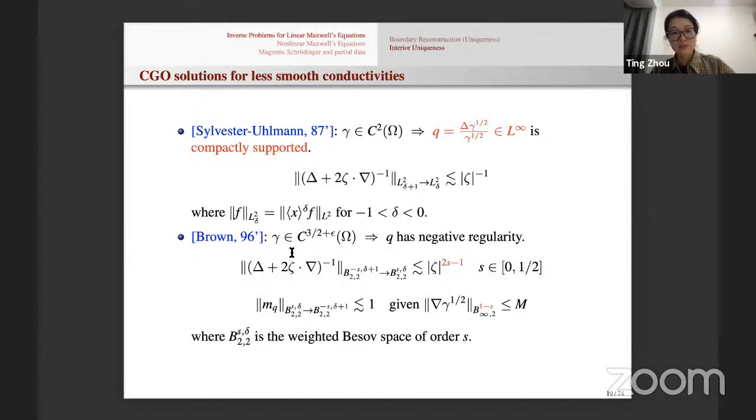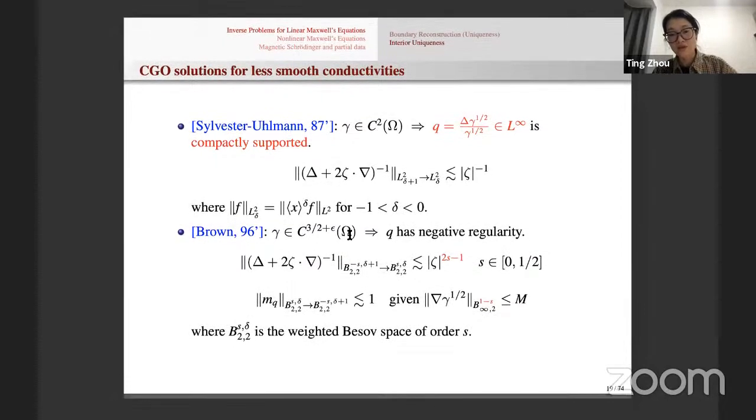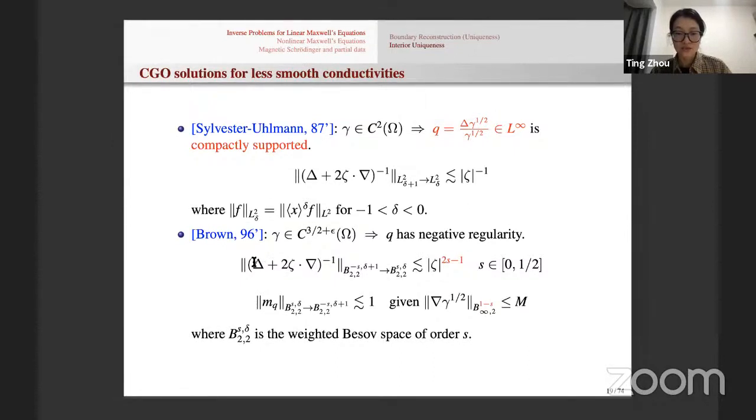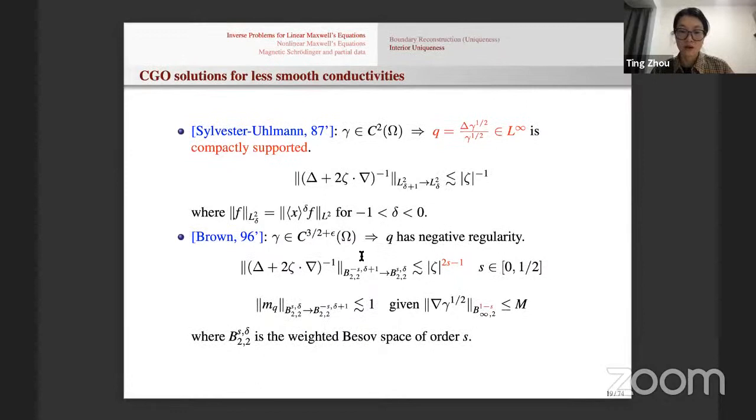In a later paper, this was generalized to less smooth conductivity, assuming 3/2 plus a little bit more smoothness for the conductivity. And you can imagine with this gamma, the Q here should be of negative regularity. Okay. And the idea here is to show an estimate in a weighted Bessel space.